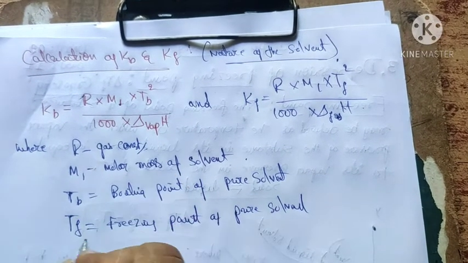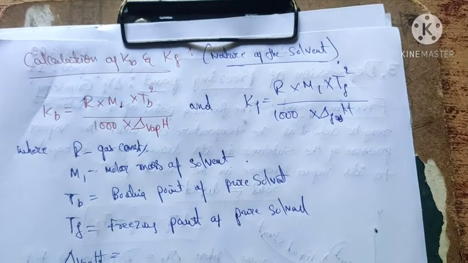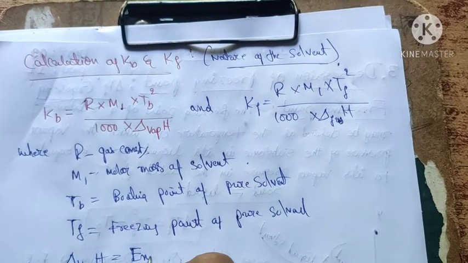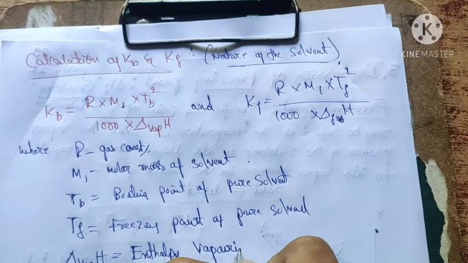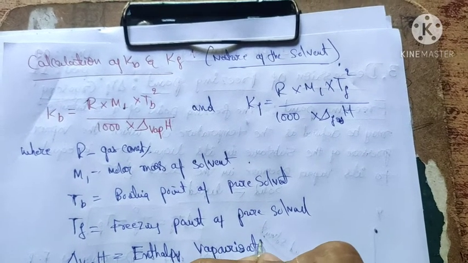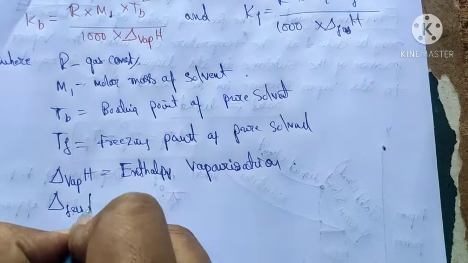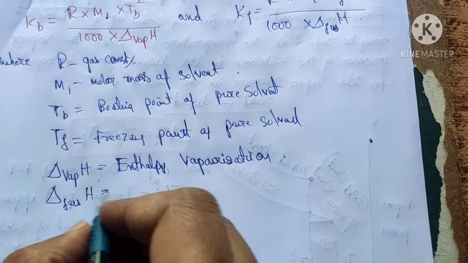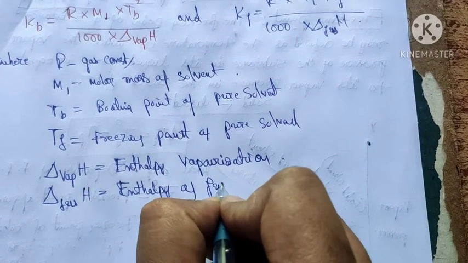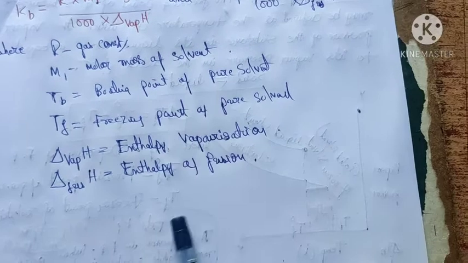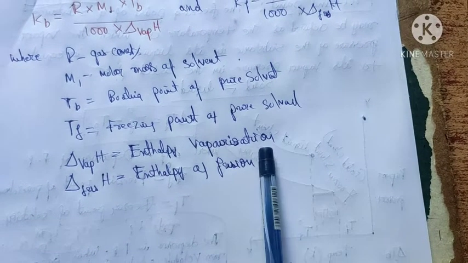Delta vapor H means the enthalpy of vaporization, and delta fusion H is called the enthalpy of fusion of a solvent.